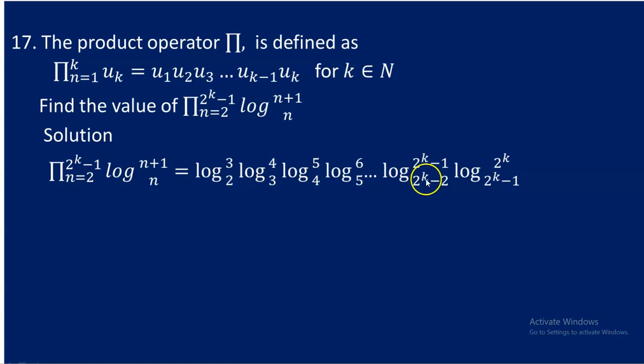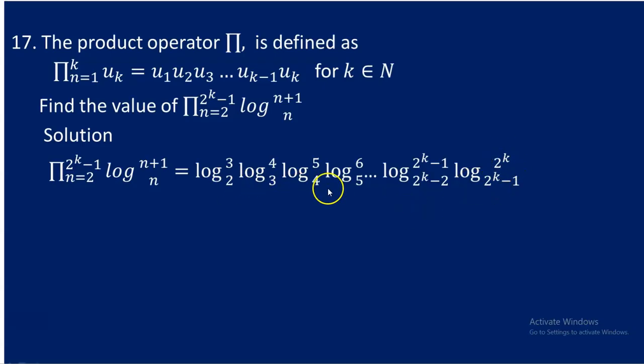Now finally, for n = k minus 1, we are going to have k minus 1 as it is, but as we are increasing it by 1, we will have k.